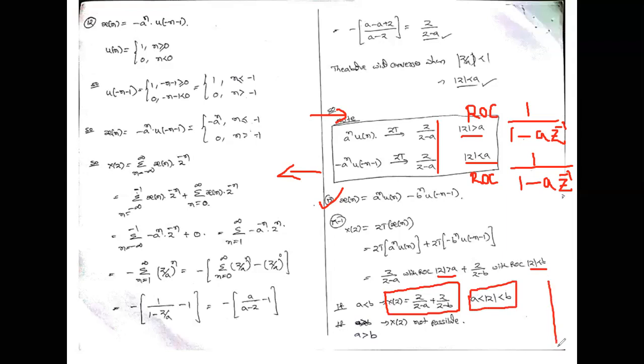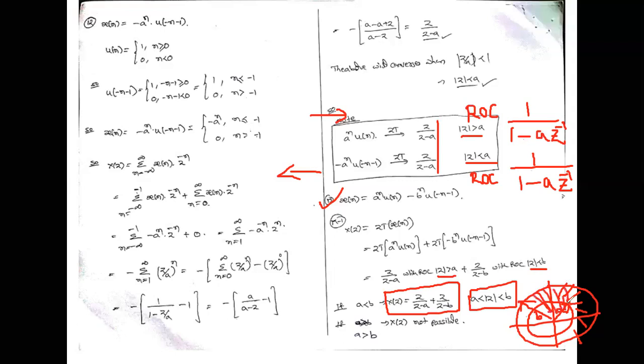Suppose there is a circle with radius a, and z greater than a means outside the circle, and another circle with radius b, and z less than b means inside the circle.